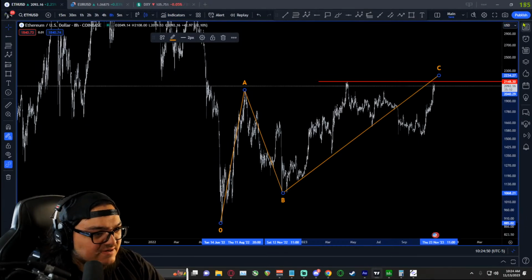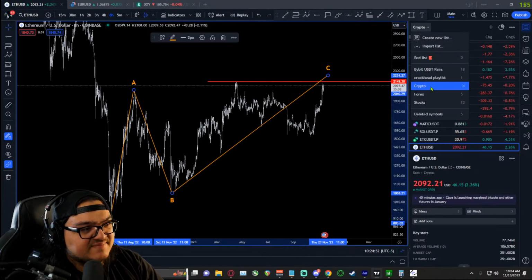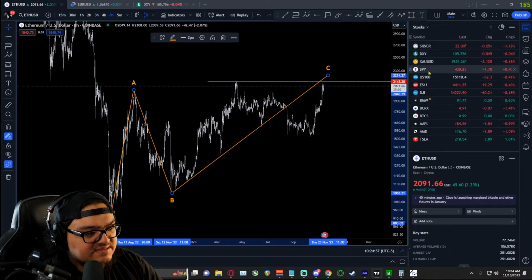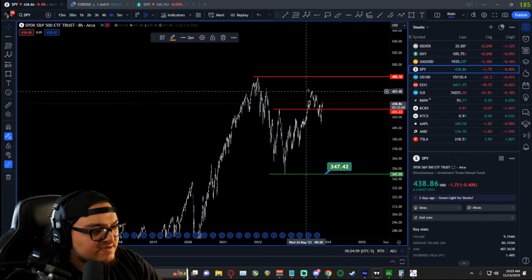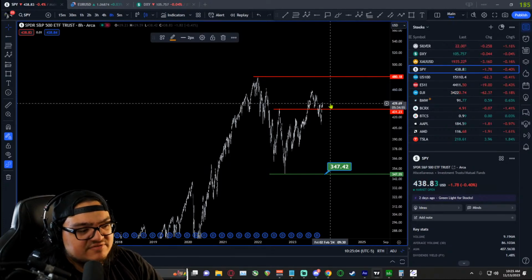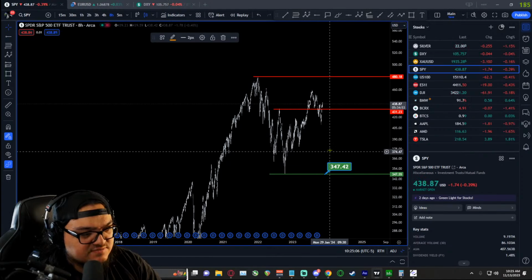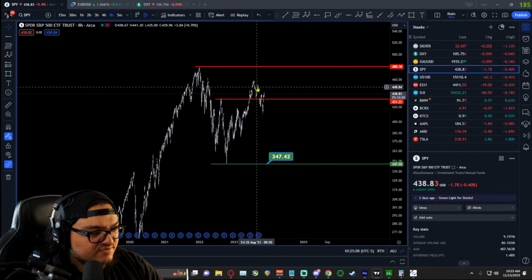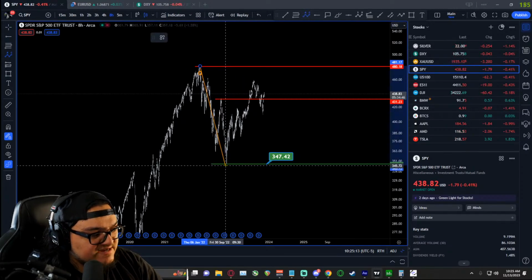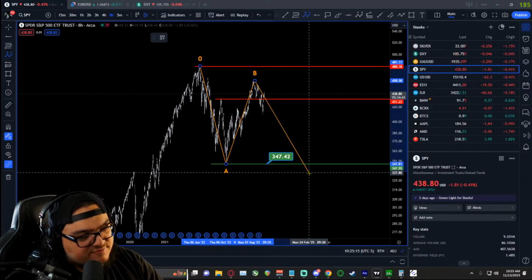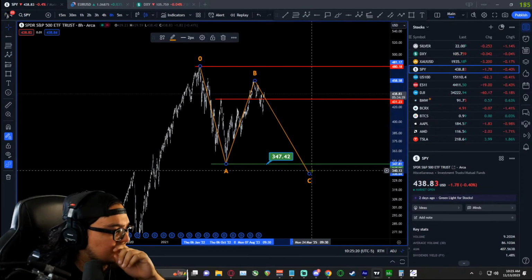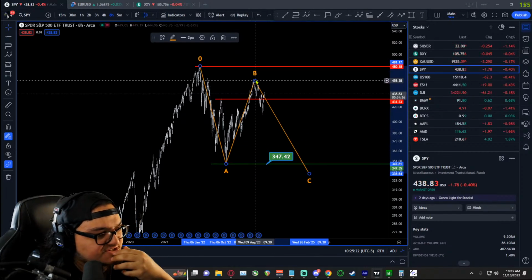Obviously, we might not think about it now, but if we look at the DXY, look at how the S&P is performing, we are still not clear yet. The only way I would say we would be in a better position in the markets overall is if we came back down, broke this low, and formed a larger ABC, which would call for a short-term pullback, which I'm ultimately looking for, or a medium to longer-term pullback in all markets in general.